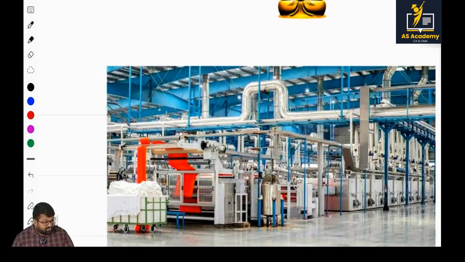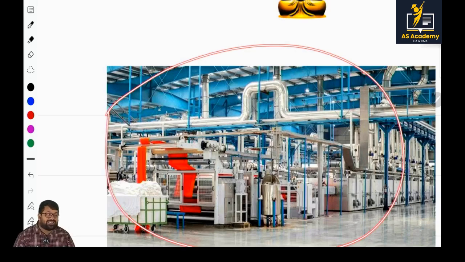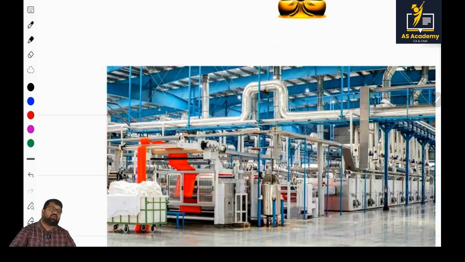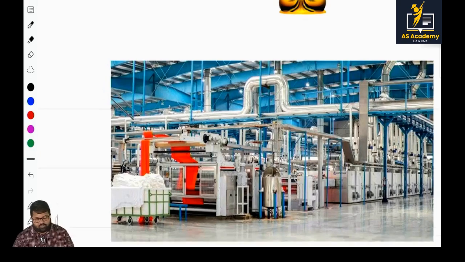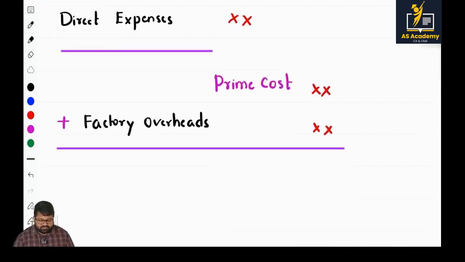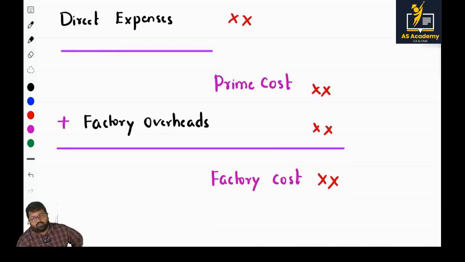We are doing production plus we are incurring additional expenditure. This entire part is nothing but the cost incurred in the factory. It is known as what? Factory cost. I am not just giving the pro forma, I am giving the reason also. So remember the reasons: why and where.